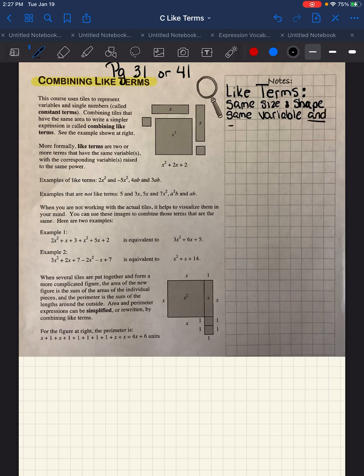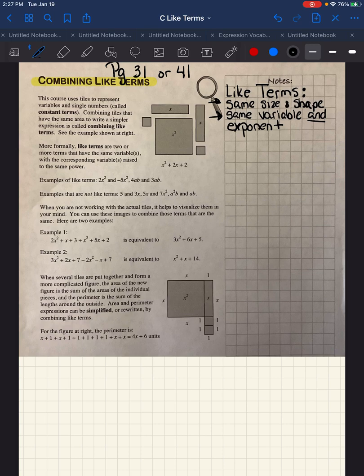If there's an exponent, it has to be the same. So x and x squared are not like terms because they don't have the same exponent. X's are the same as x's, x squareds are the same as x squareds, right? So that's kind of two different ways to look at how do you identify a like term.